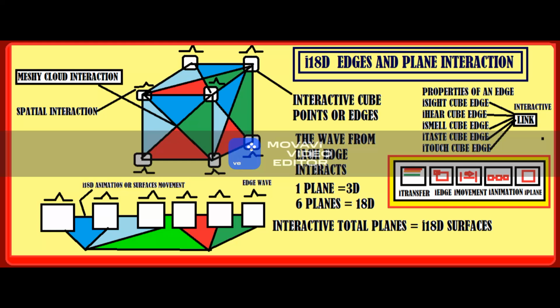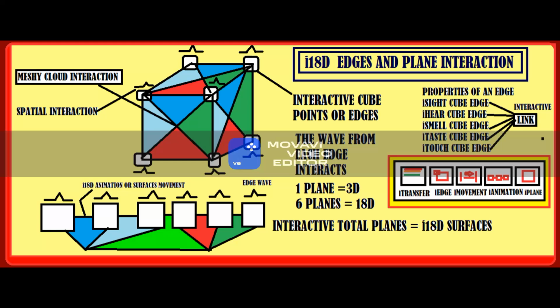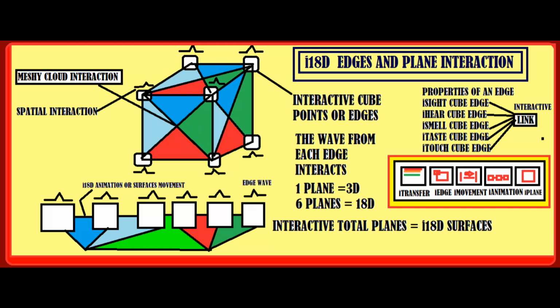There tends to be some qualities that are attached to each of these edges or these points, and we can see the line of a wave there. And this line of a wave can either be sight cube edges, hear cube edges, smell cube edges, taste cube edges, and touch cube edges. And all these are related, or they are part of the modular system.